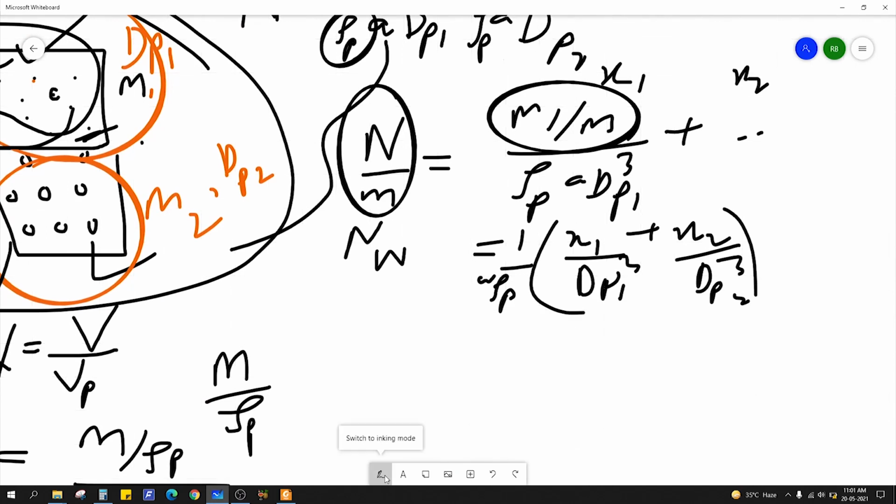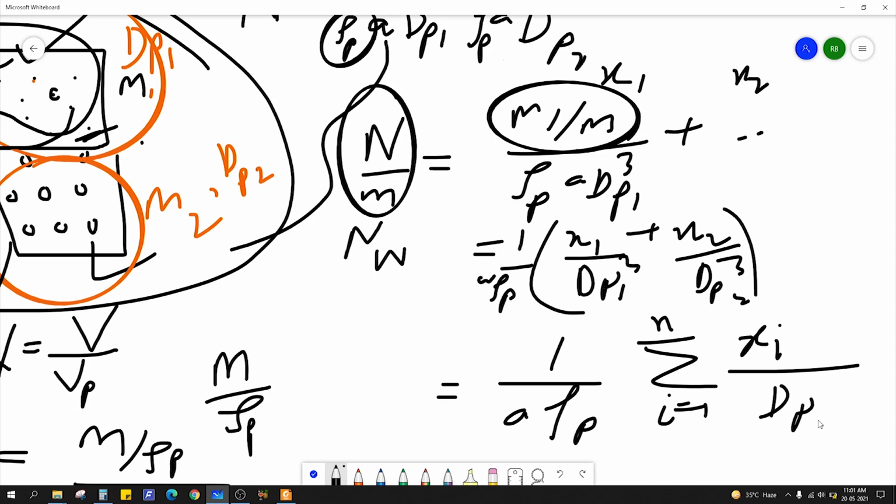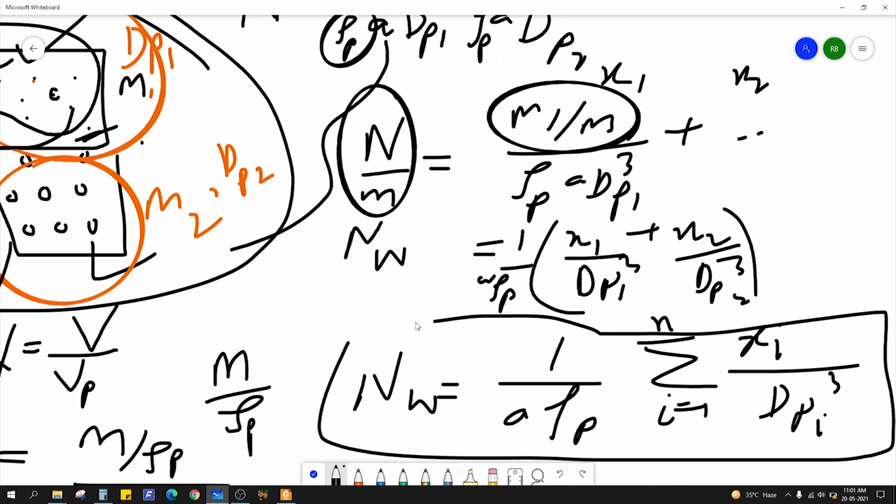If you write this in summation notation, it is a by rho p times the summation from i equal to 1 to as many samples as possible of xi by dpi cube. This is the formula for the number of particles in a mixture of different average particle diameters.